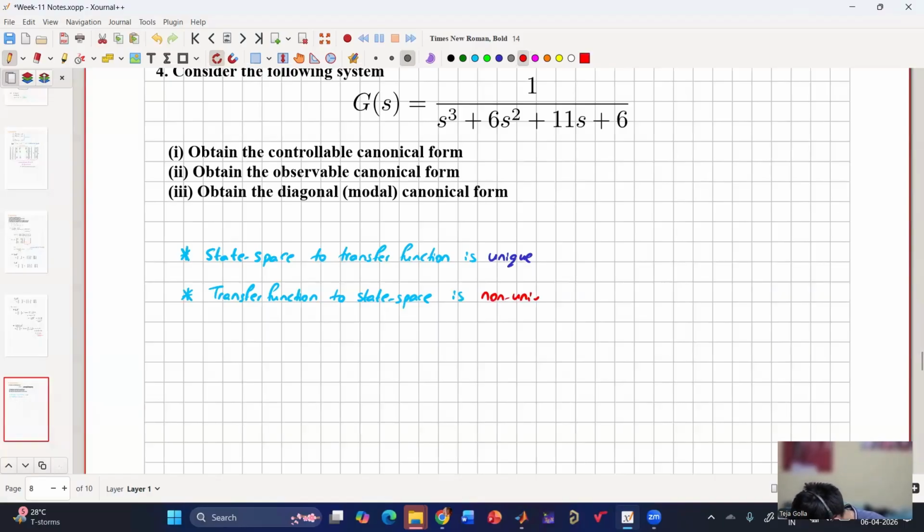When we say non-unique, there are multiple possibilities, and now we are going to discuss three of them. So one is controllable canonical form.